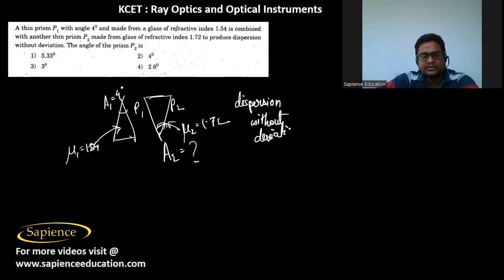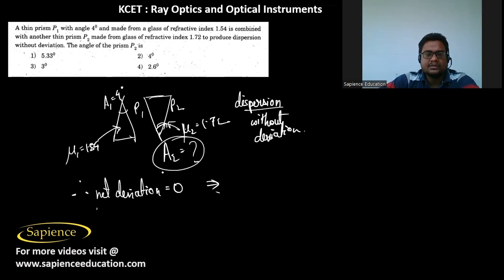So the angle of the prism 2 is how much? It means A2 only we have to find. Therefore, for dispersion without deviation, the net deviation should be equal to 0, which means the thin prism P2 is inverted with respect to P1 to produce no deviation.